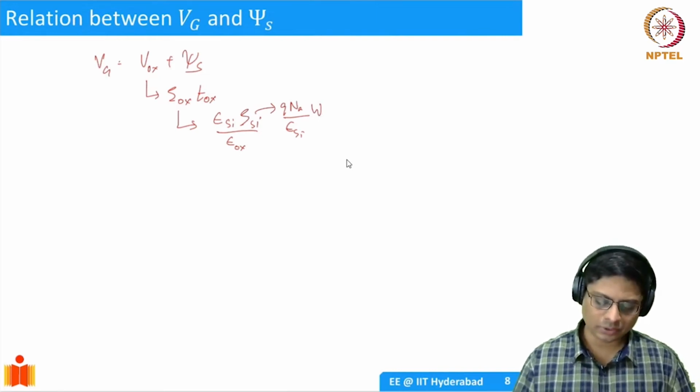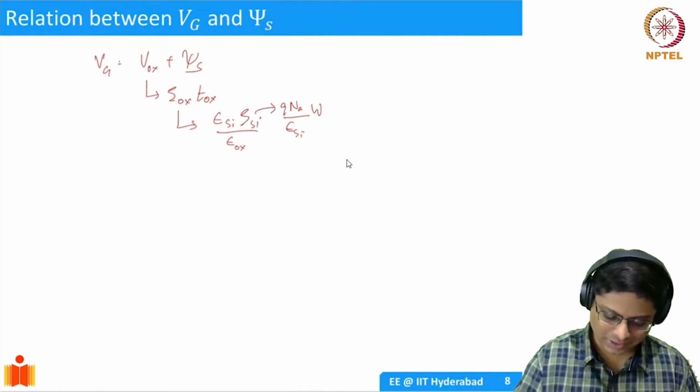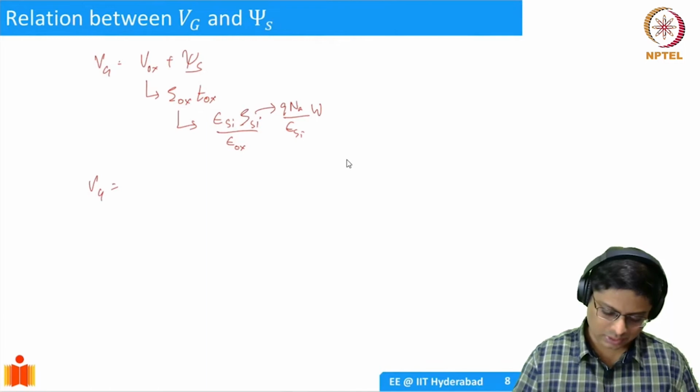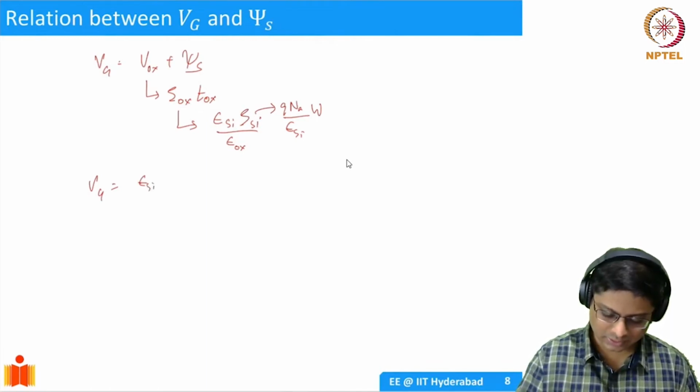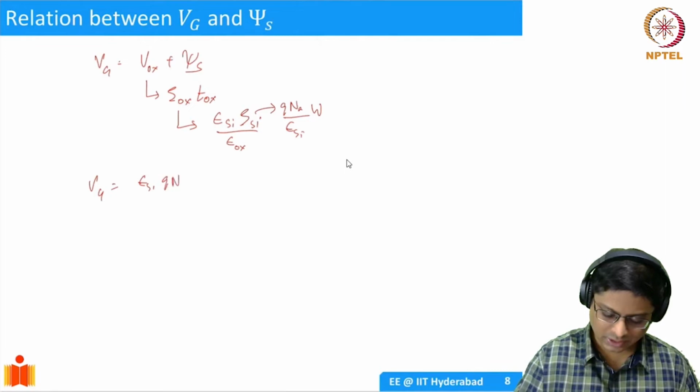Okay, so I'll make these substitutions. I just showed a sequence of substitutions. So if you do all that, what you get is Vg equal to electric field oxide, so epsilon silicon, electric field in silicon, so that I'll write it as qNA times W divided by epsilon oxide and epsilon silicon.